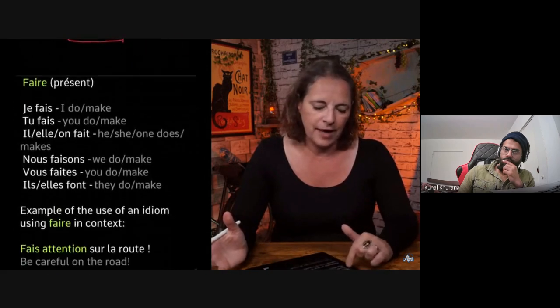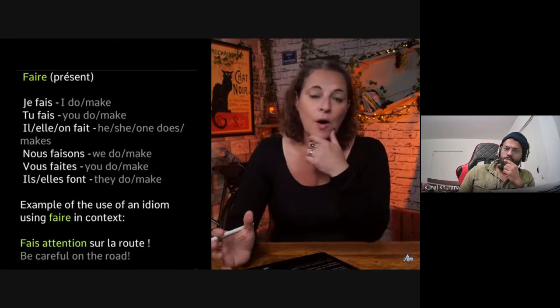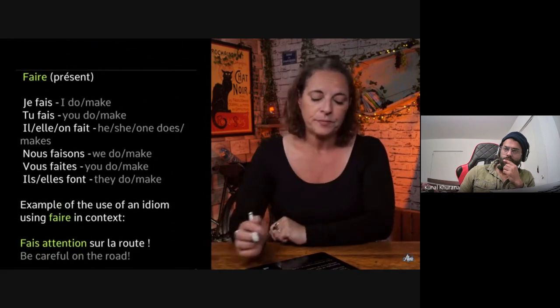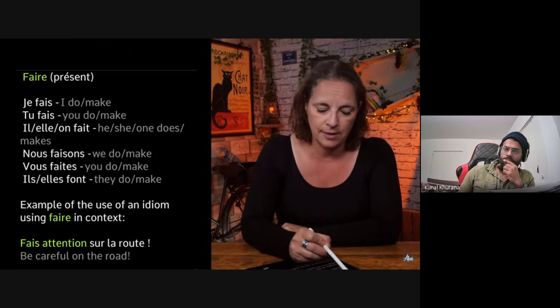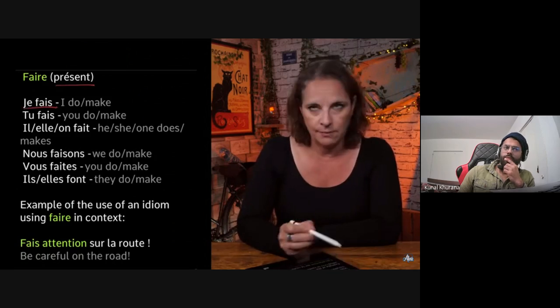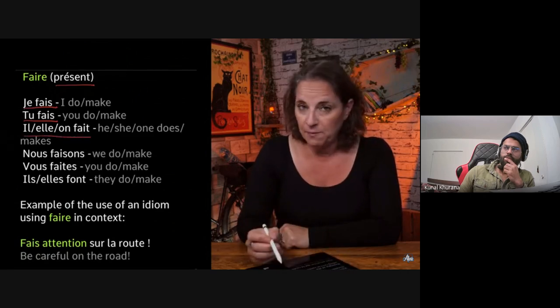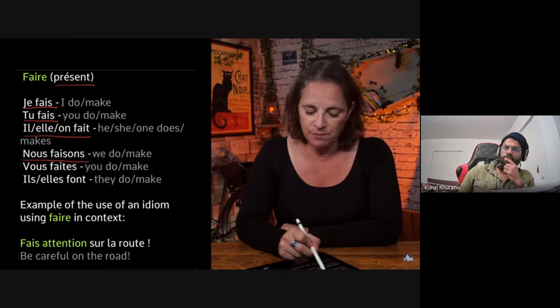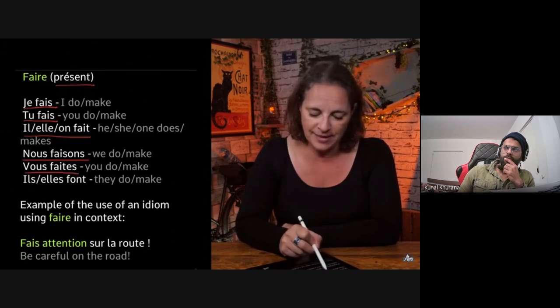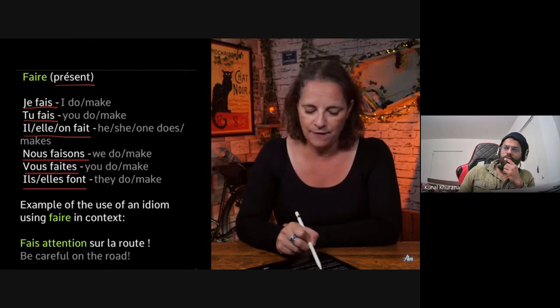Let's have a look at faire now before we get on to do our phrases. Faire, to do or to make in the present tense. Je fais, I do, I make. Tu fais, you do, you make. It's the same, by the way. Il fait, elle fait, on fait. Okay. Nous faisons, vous faites, il et elle font.